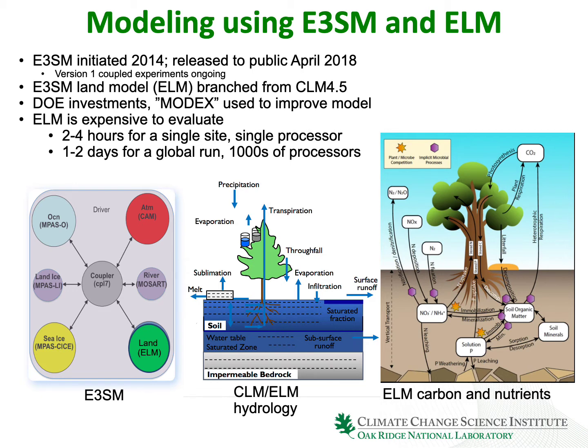And then below ground, it's representing 10 different soil layers that each track soil moisture and vertical flows of water, as well as the water table and the location of that, which is very important for the spruce site. It also tracks carbon and nutrients, including nitrogen and phosphorus, and the cycling of those both through the vegetation and through the soil.